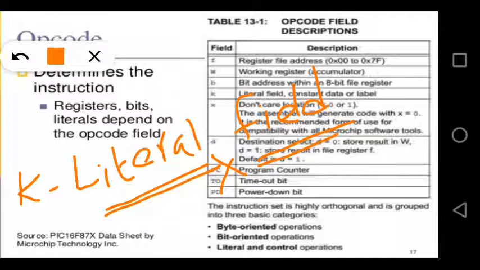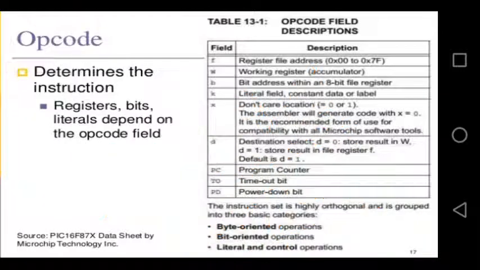The specialty of this literal field is that it is used to represent some constants. Next I have small x, don't care location. The assembler will generate code with x equal to 0. It is the recommended form of use for compatibility with Microchip software.